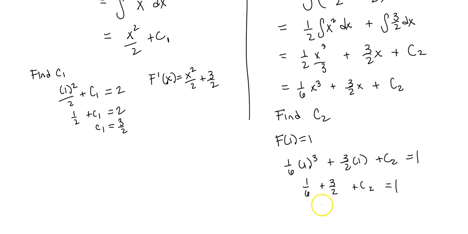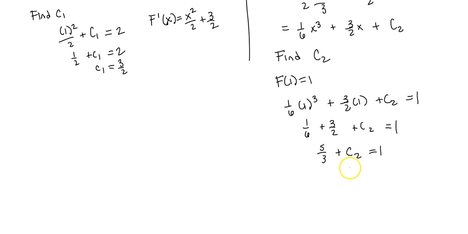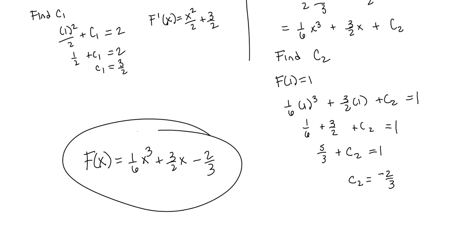If I find a common denominator here, I get that 5/3 plus c sub 2 is equal to 1. And if I subtract the 5/3, I get that c sub 2 is negative 2/3. So my final function is 1/6 x cubed plus 3/2 x minus 2/3. And that would be my answer.